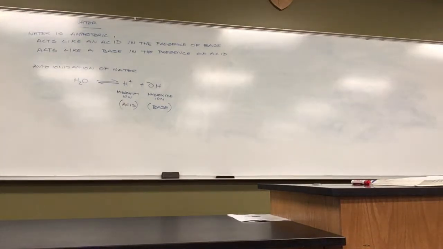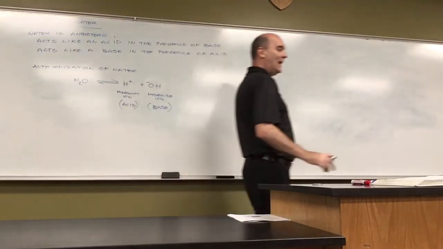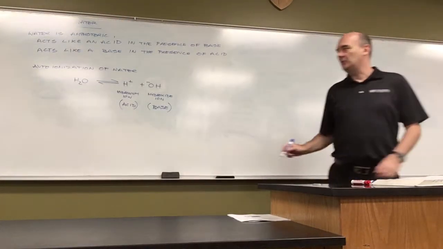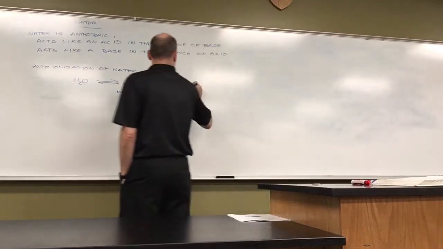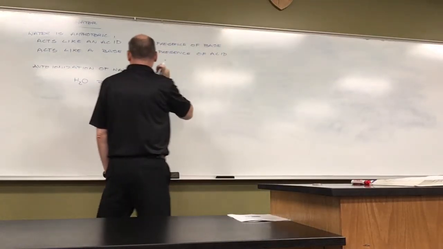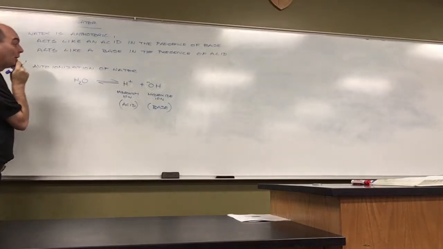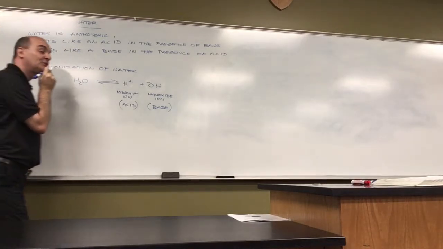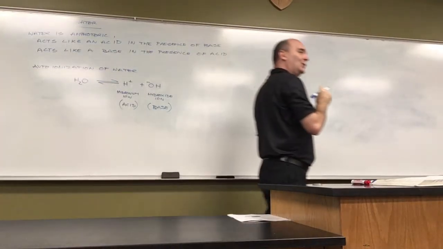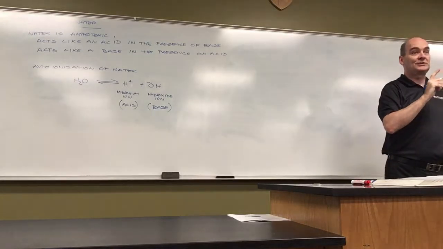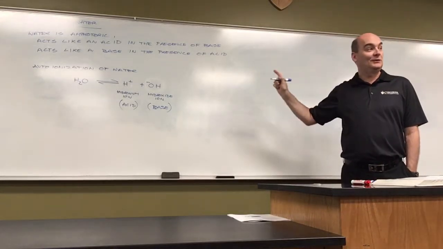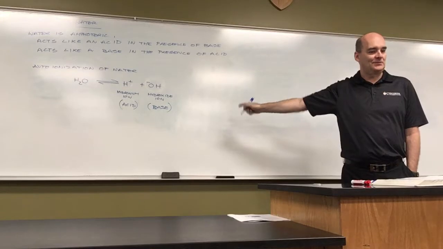And that equilibrium lies very, very far to the left on the reactant side. But K for this reaction, let's write what K is. So this is one way of writing that. I'm going to show you another, and then I'm going to show you why there is no difference and why we're going to continue with this.